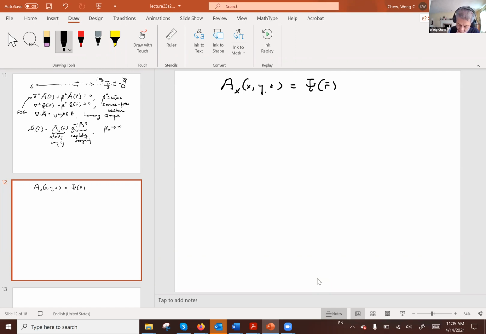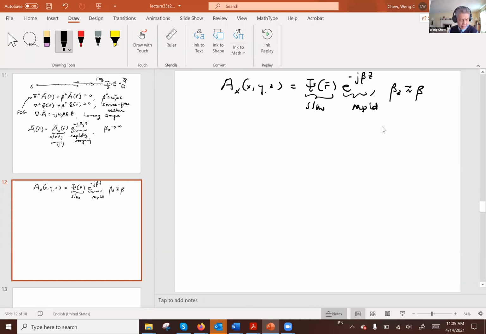which I call psi of r, times a rapidly varying term. So I'm going to assume that beta z is approximately equal to beta in this study, because the wave is so parallel to the z-axis that beta z is approximately equal to beta. And then again, I say that this part is slow, this part is fast, rapid.